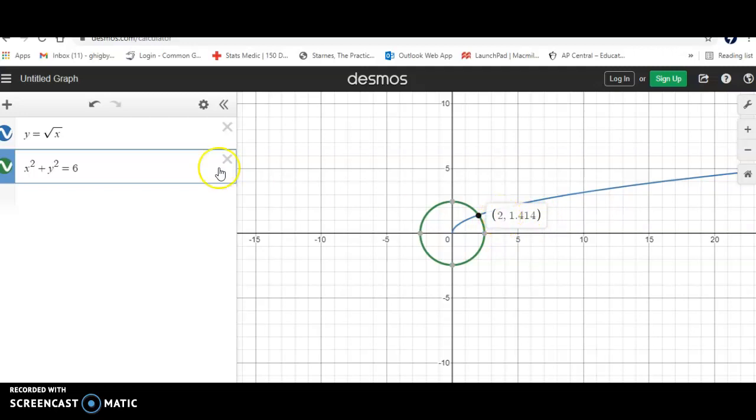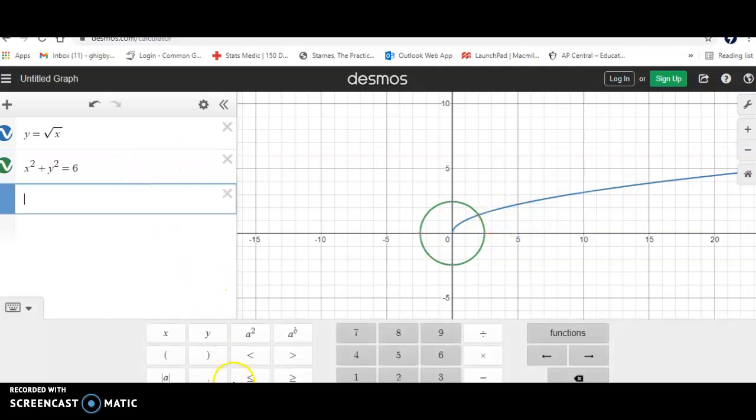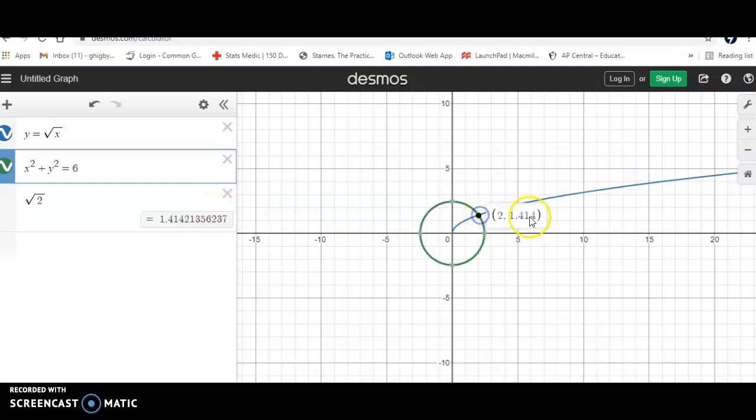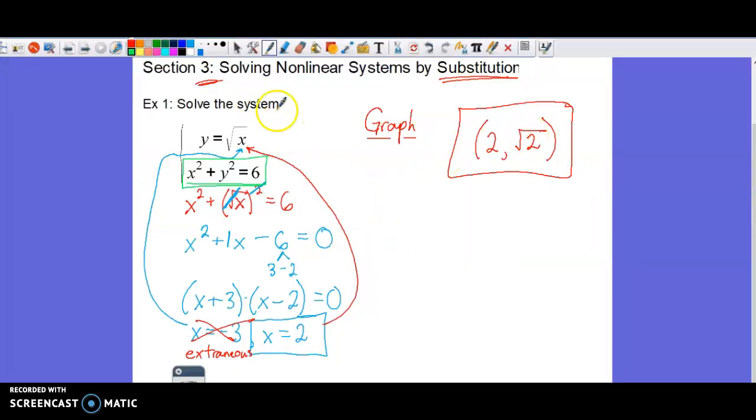So x is 2, and if you were to type in the square root of 2, you can see that's where that other value came from. So I'll know if you use Desmos if you don't leave your answer in simplest radical form like I expect to see. And notice there's no other values, because the other answer that would have worked would have been imaginary. So that's all we need.